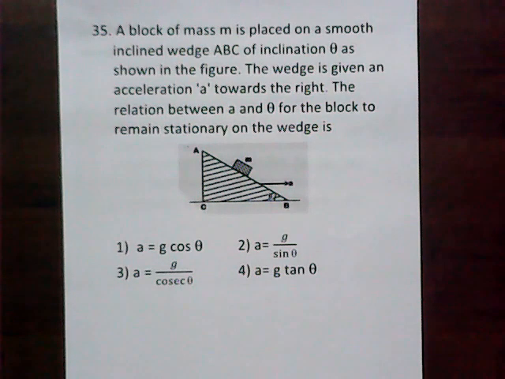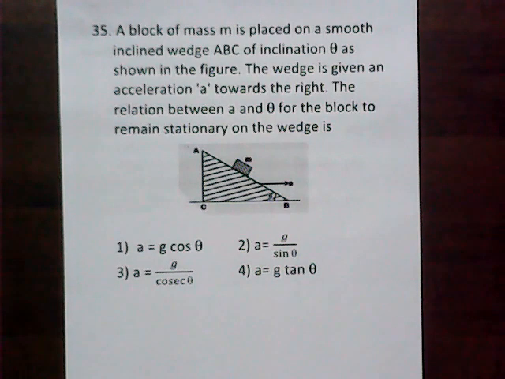The wedge is given an acceleration A towards the right. The relation between A and theta for the block to remain stationary on the wedge is.